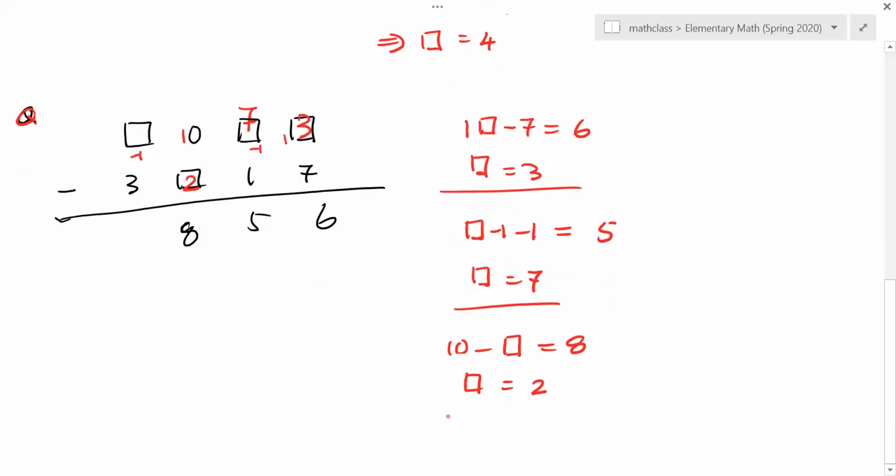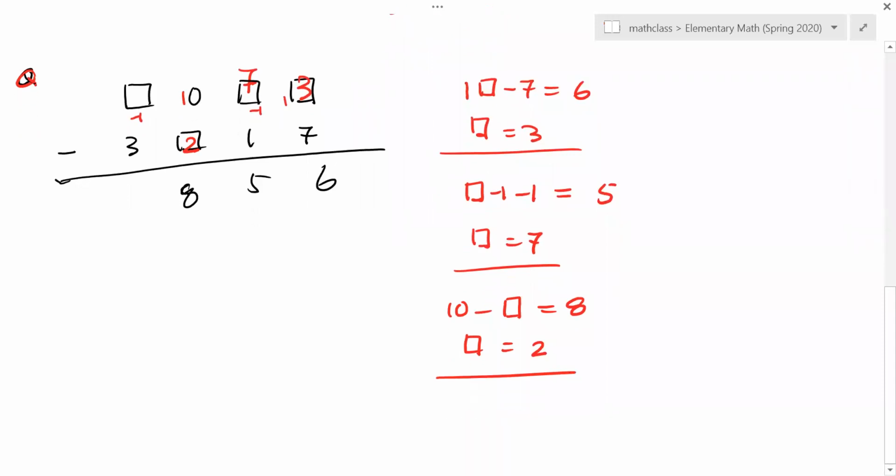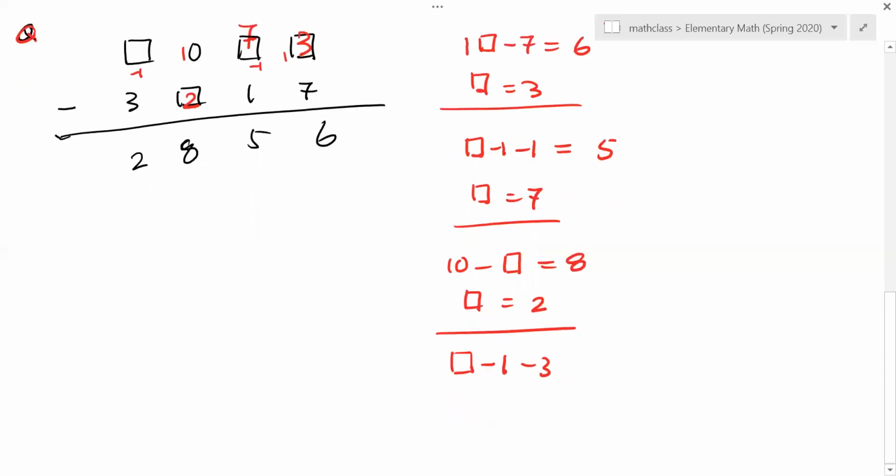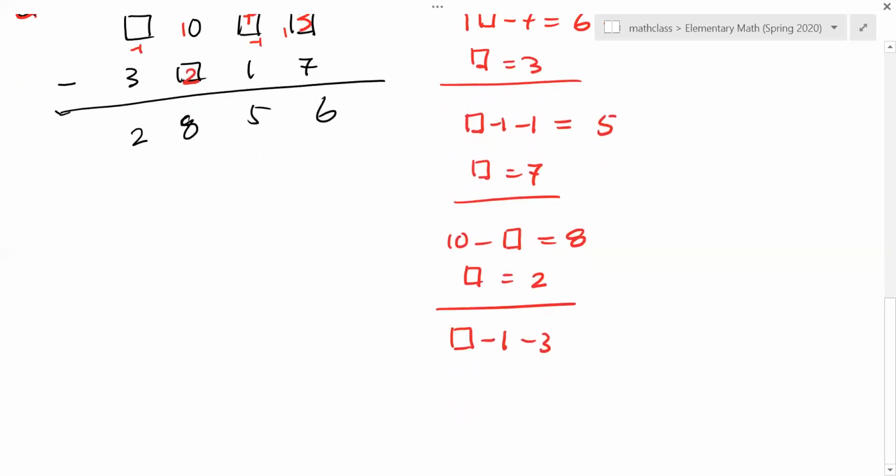So now the last one is this unknown number. You already lost 1 digit. Minus 3. This is a 2. The digit is missing here. It's 2, the 2,856 disappeared.